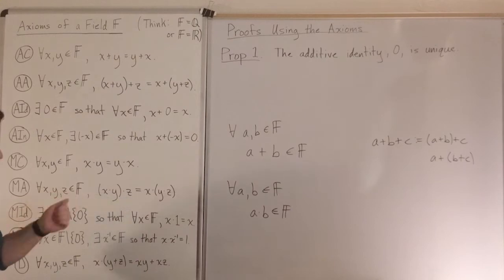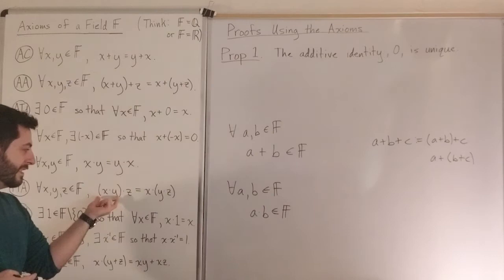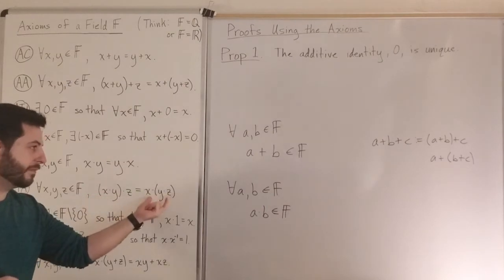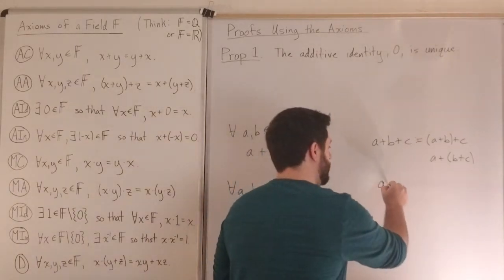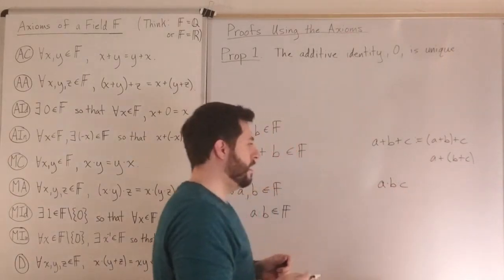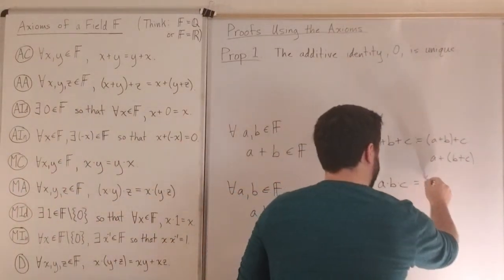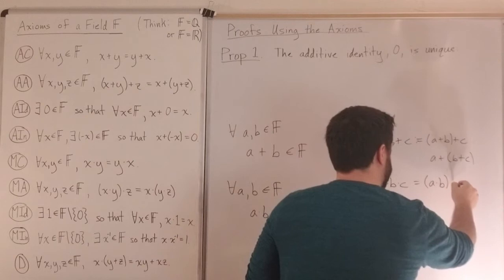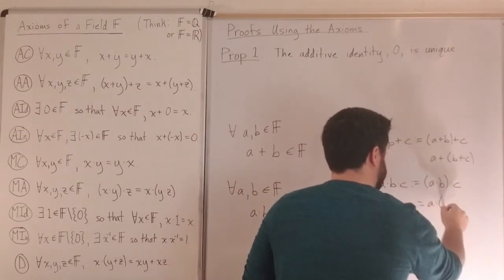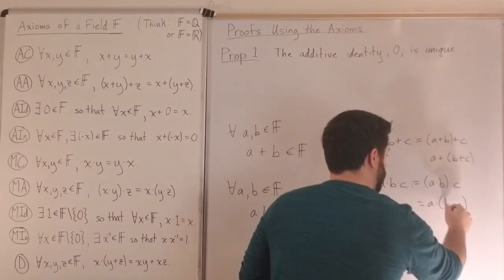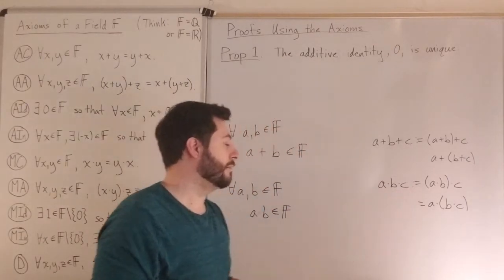For any triple of elements of the field, you can multiply them with parentheses like this, and that's the same thing as multiplying them together with parentheses like this. A times B times C, that notation only makes sense because whether you define it like this or you define it like this, you get the same thing. So it doesn't matter which way you define it, which means we can just write it without parentheses.